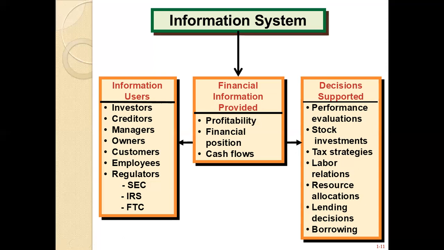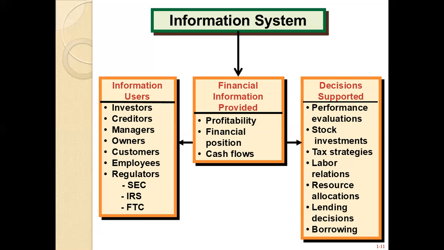Stock investment: how much stock is available and how much new stock you want. Then tax strategy: you can take decisions about the tax strategy. Labor relationship, resource allocation, lending decisions, borrowing decisions, and whether a company is unable to take a loan from the bank.